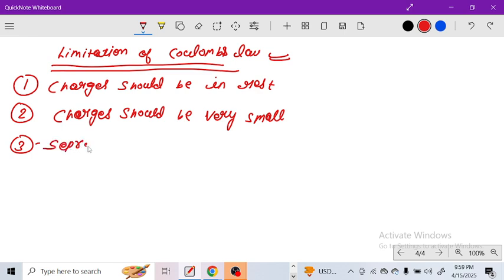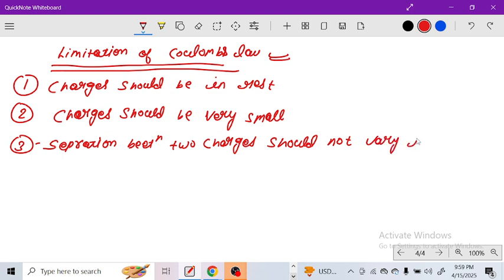Separation between two charges should not be very large as well as small.